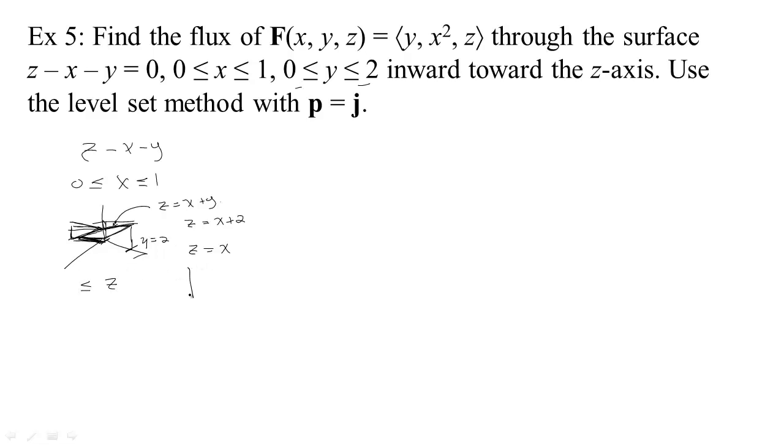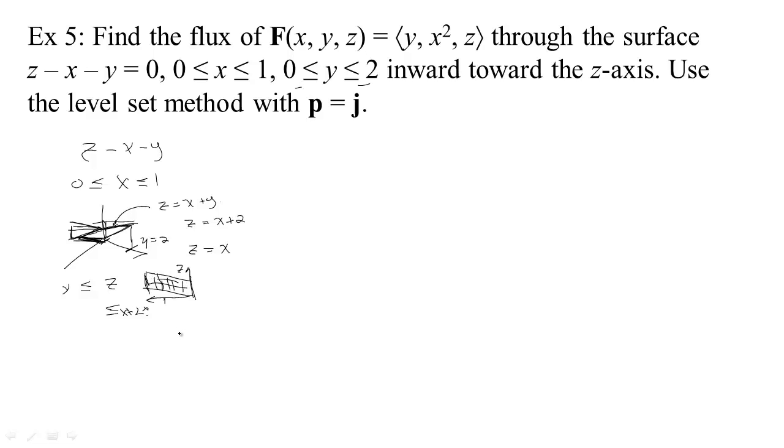If we look back here in the xz plane, remember we saw those two parallel lines, we just figured out that x is between 0 and 1, and z is between this line and that line for each value of x. So z goes between x and x plus 2. So we've got the bounds of our region to integrate over.